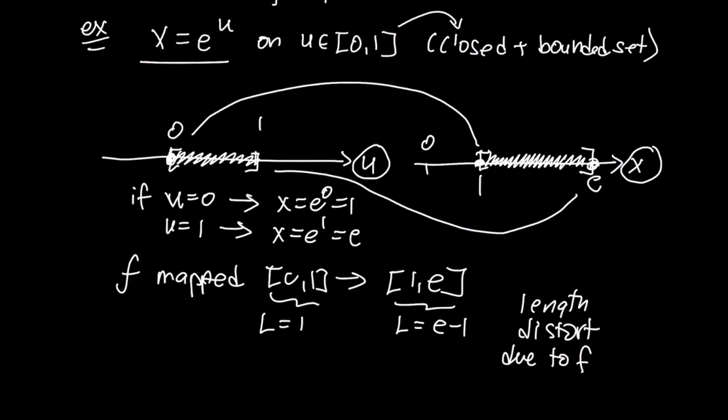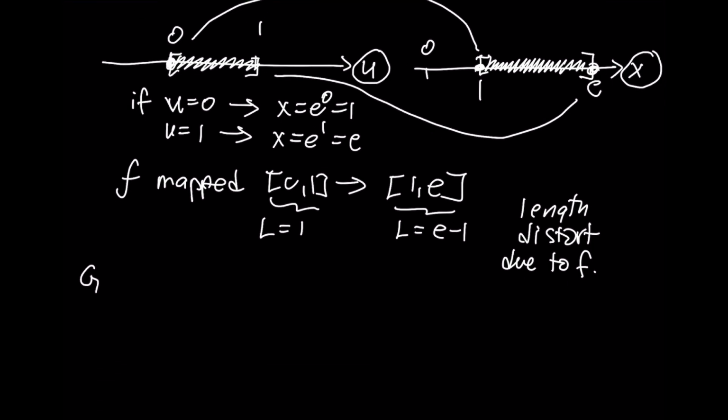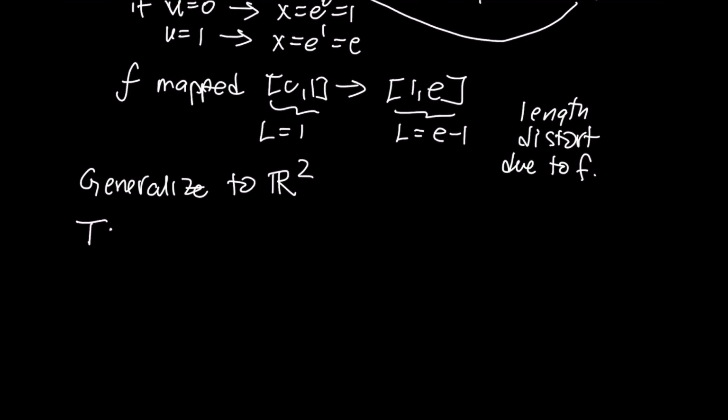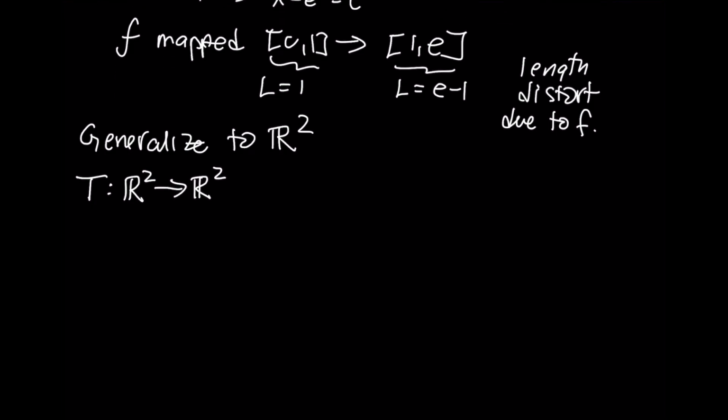All of these ideas are quite simple when we have a single variable, but they generalize very nicely to multiple variables. So we're going to start by considering a generalization of this idea to R2. The notation we're going to use is the letter T for transformation from R2 into itself.